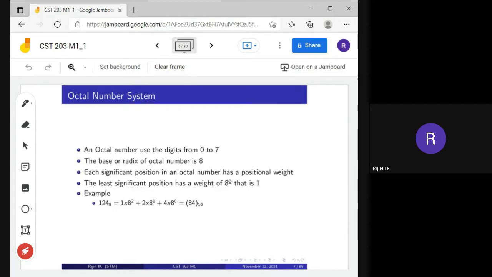These are the 8 symbols used for representing numbers in the octal number system. We call it a base or radix 8 number system. The positional weights are in the power of 8. So that is the octal number system.